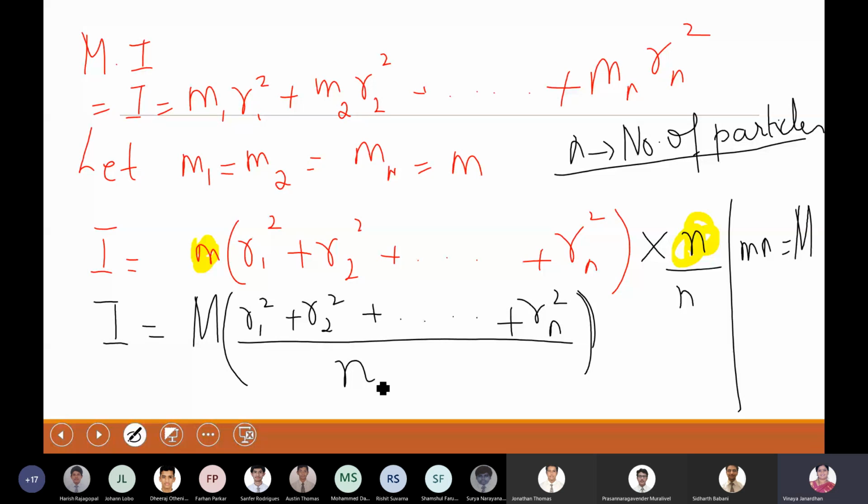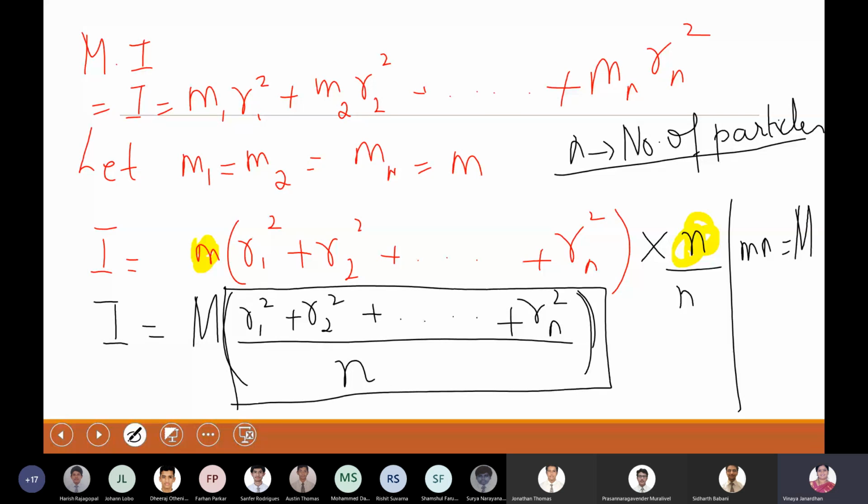Now let us put this entire expression as some value k squared: r1 squared plus r2 squared, etc., up till rn squared by n. Let me take it as k squared because you will get the formula.